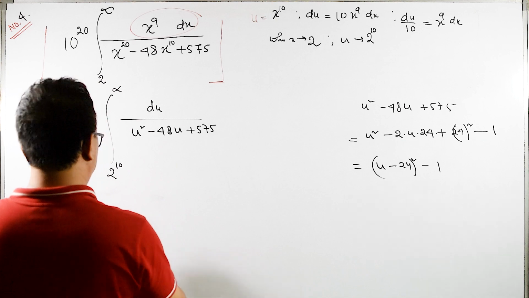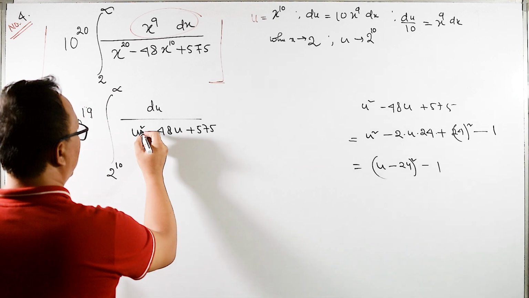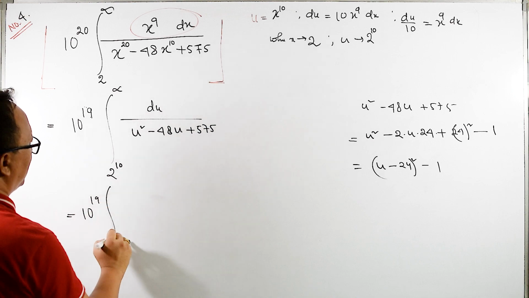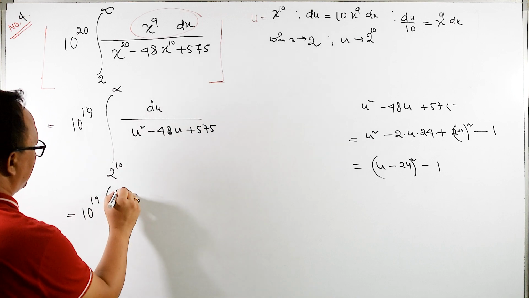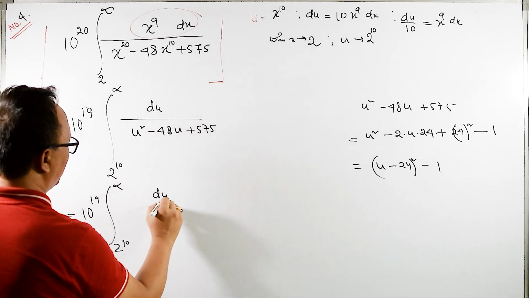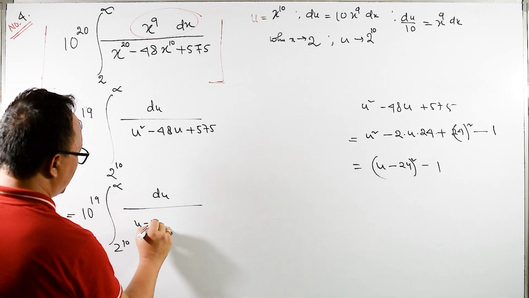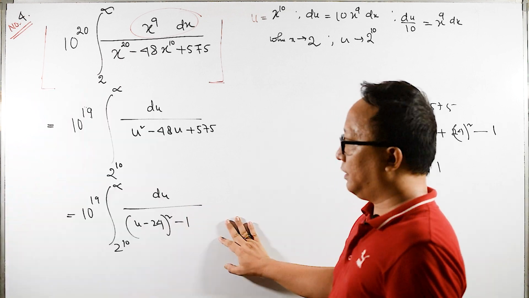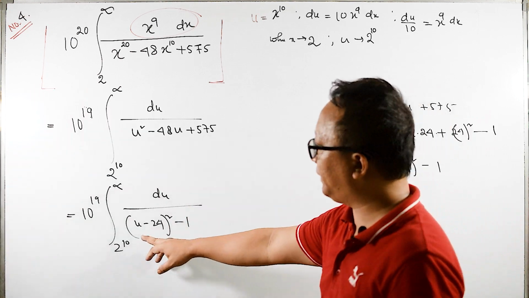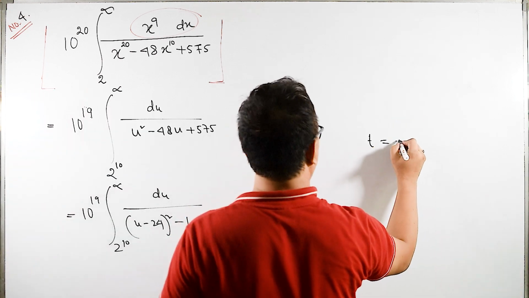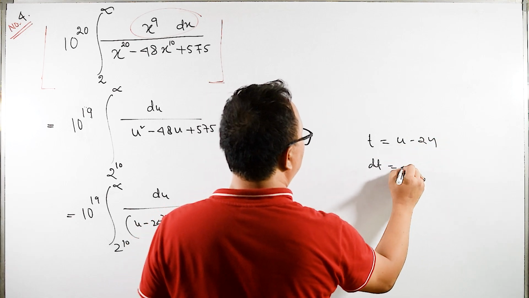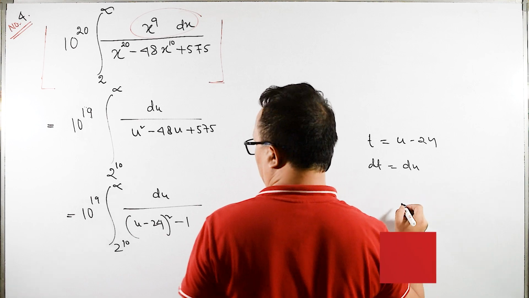So instead of this, I can write this equals 10 raised to 19, integral from 2 raised to 10 to infinity, du upon u minus 24 the whole square minus 1. Now let's substitute a variable t equals u minus 24, then dt equals du. What about limits?